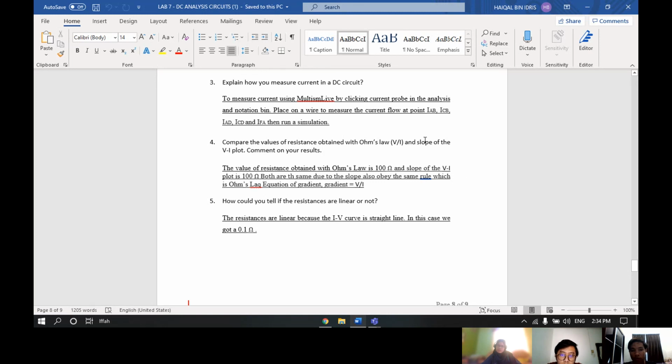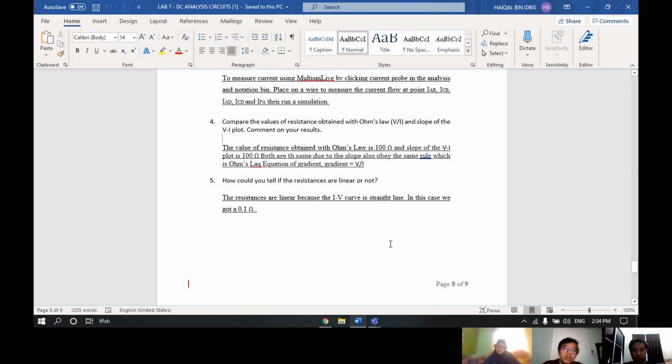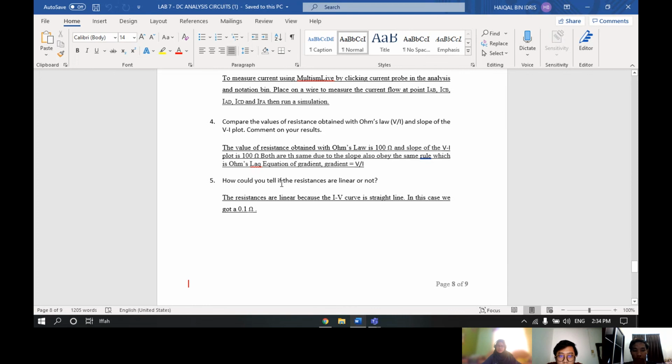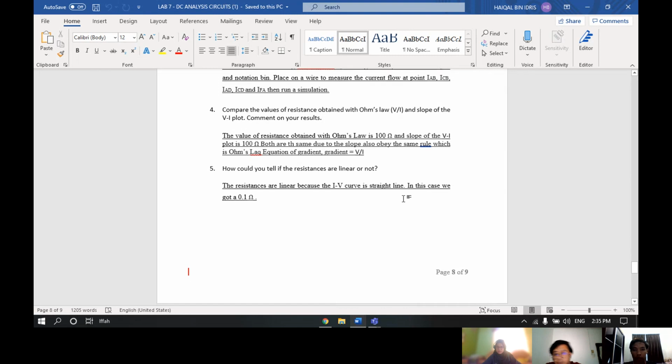Both are the same because the slope also obeys the same rule, which is the Ohm's law equation of gradient. The last question is: how could you tell if the resistance is linear or not? Like in part 1, we got a linear result. The resistance is linear because the IV curve is a straight line.